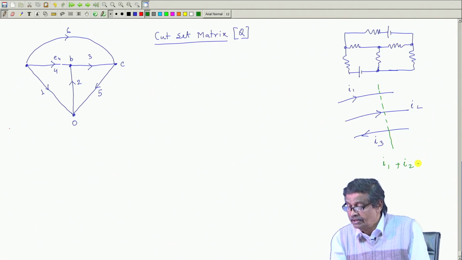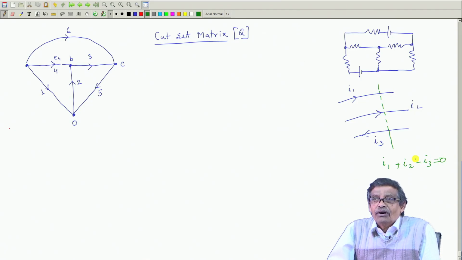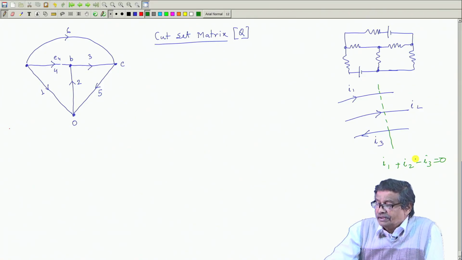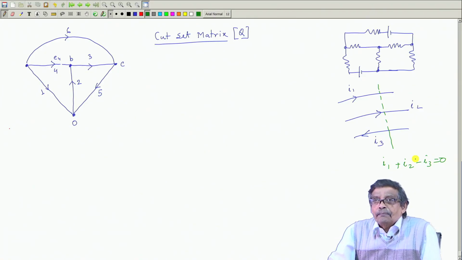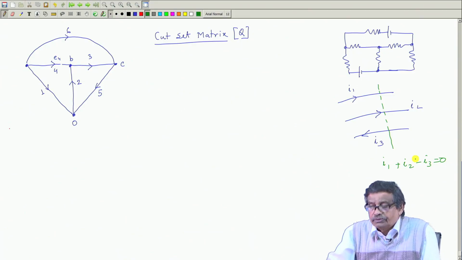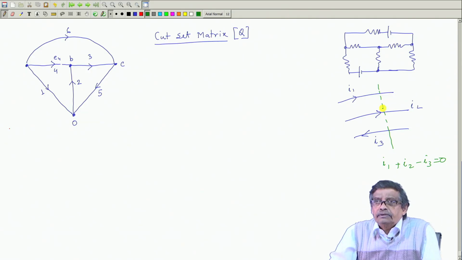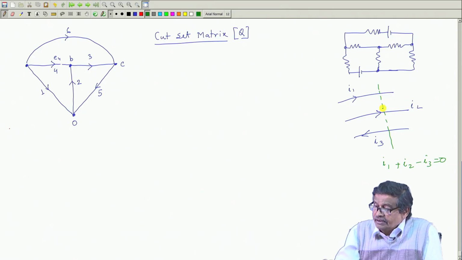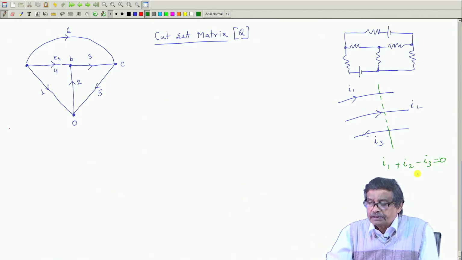So, I 1 plus I 2 and then minus I 3, this will also be 0. So, currents crossing a line, summed up with due regard to their sign, left to right or right to left, whatever it is, will also add up to 0. Is there a junction here? No, not a junction, but still this is KCL.